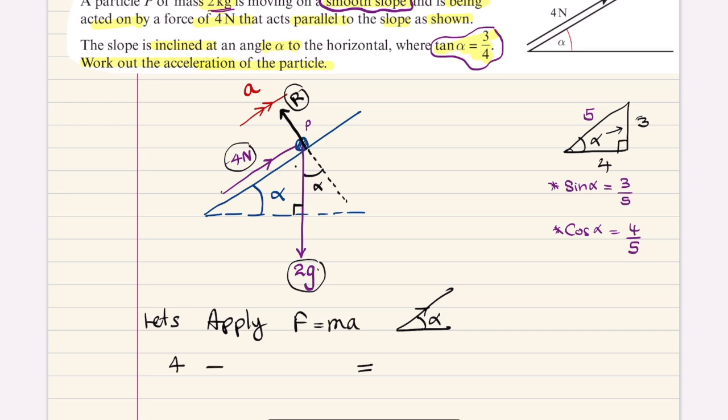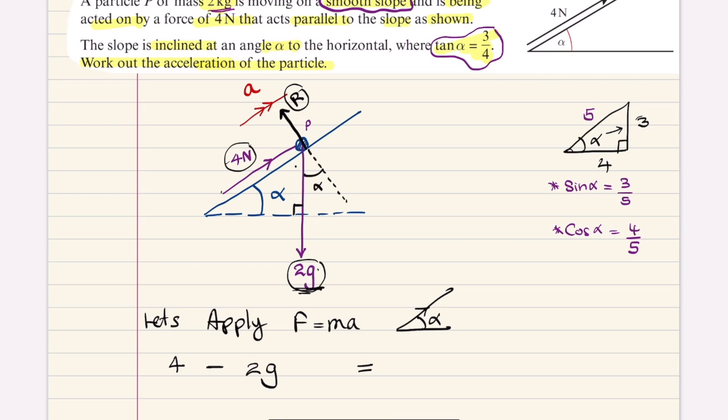And minus. Why is it going to be minus? Because this 2g has a negative effect. It will slow down this particle moving upward. So this 2g is acting opposite to the direction that it moves. The component of this weight is going to be 2g.